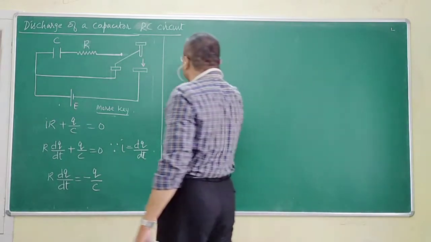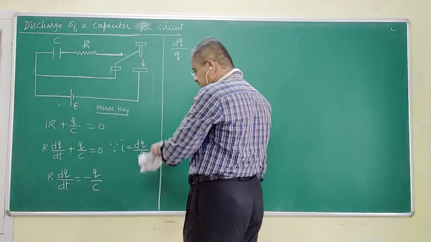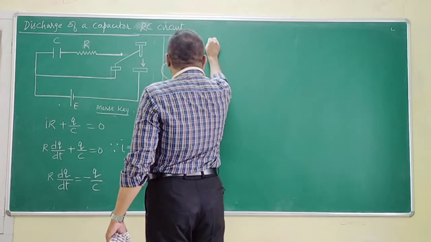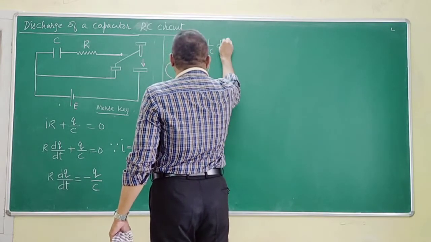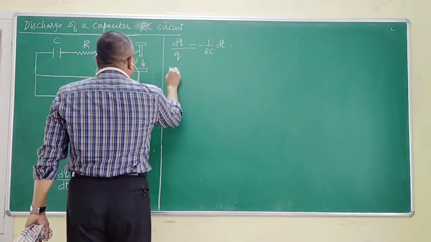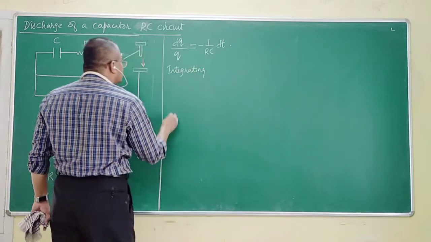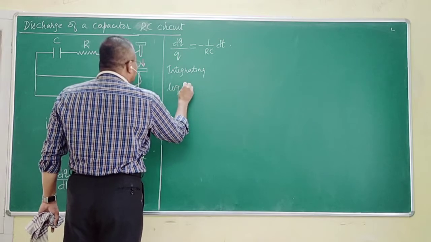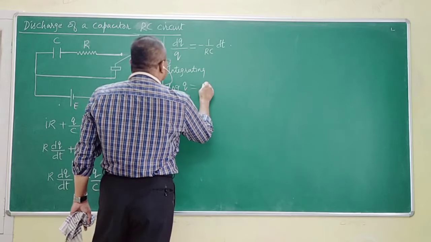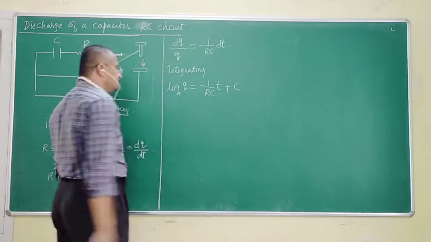How do I do that? dQ by Q is equal to minus 1 by RC dt. Integrating, I get log to the base e Q is equal to minus 1 by RC T plus C.